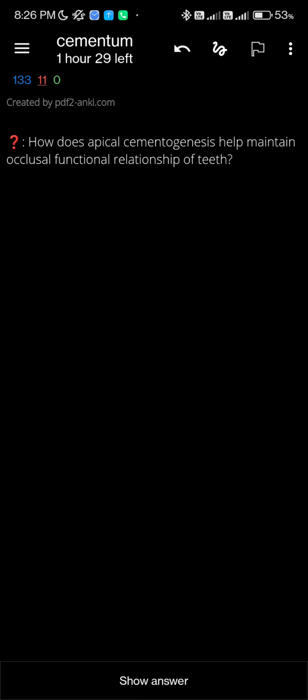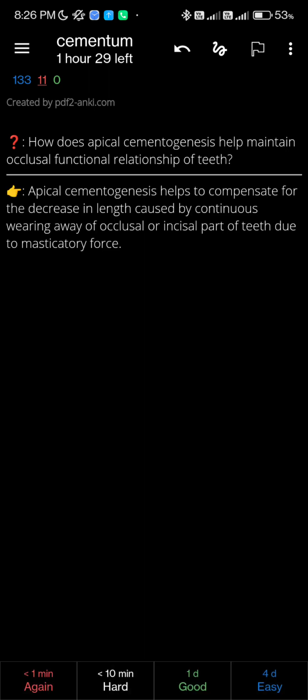Apical cementogenesis helps to compensate for the decrease in length in the occlusal and incisal aspect caused by the continuous wearing away due to the continuous masticatory force.